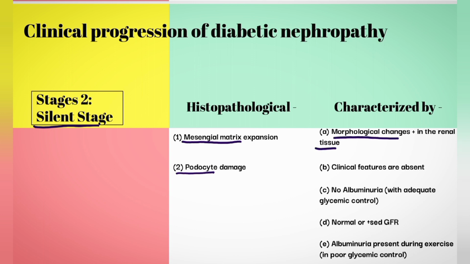However, the clinical features are still absent in this stage also. In this stage, there will be no albuminuria when there is adequate glycemic control. In respect of GFR, it will be either normal or found increased. Albuminuria will only be found during exercise when there is poor glycemic control.